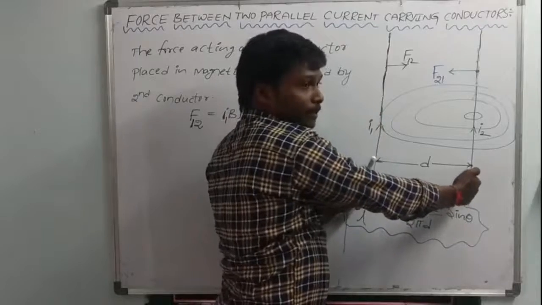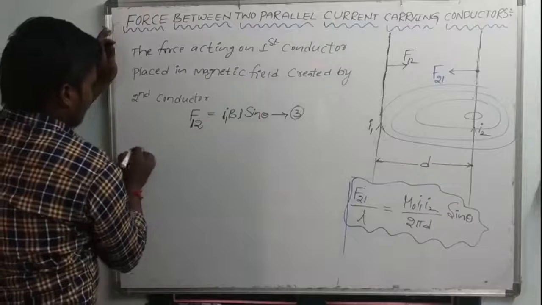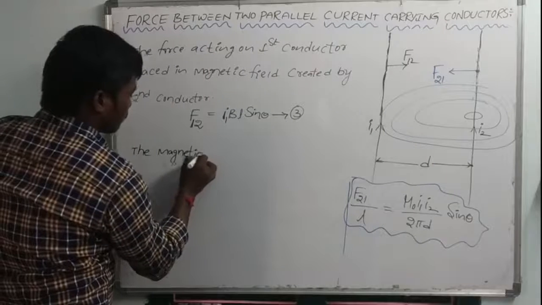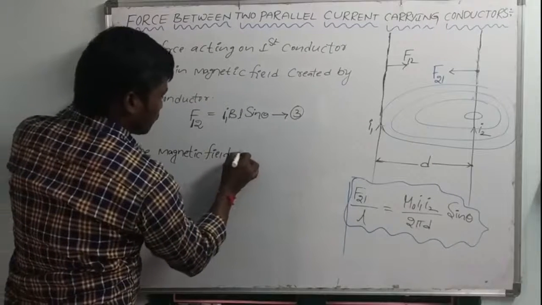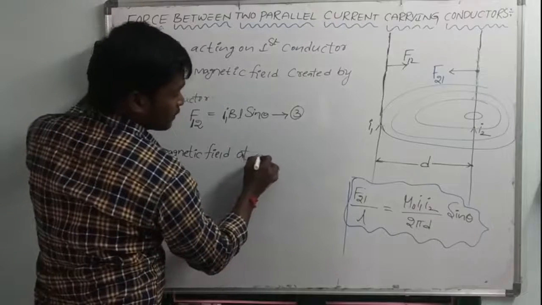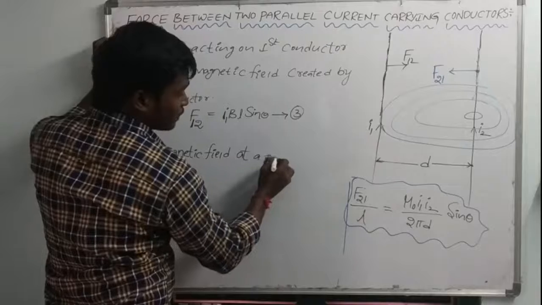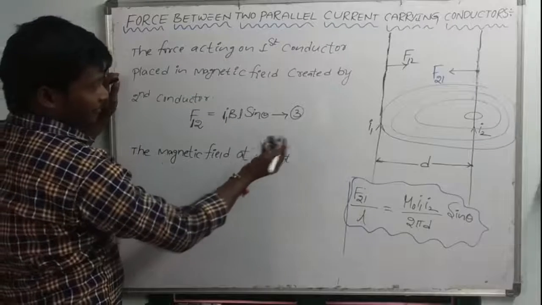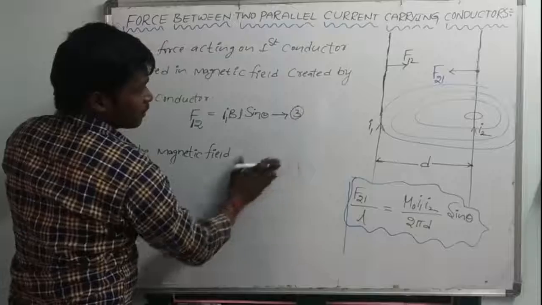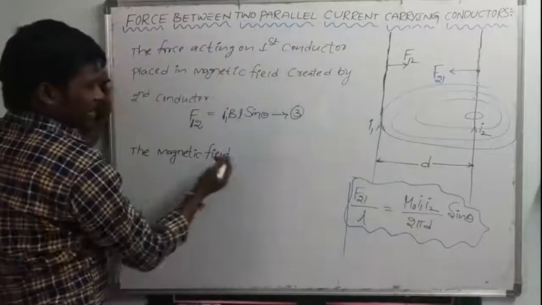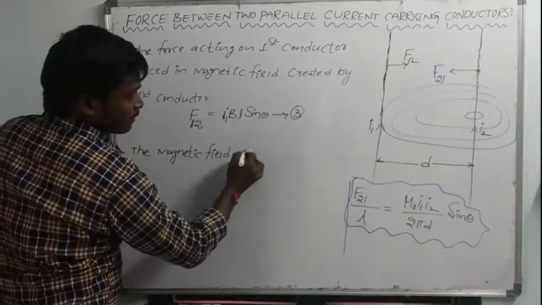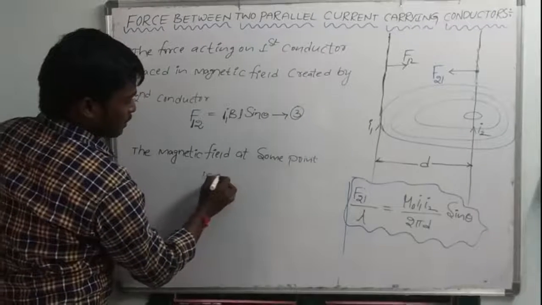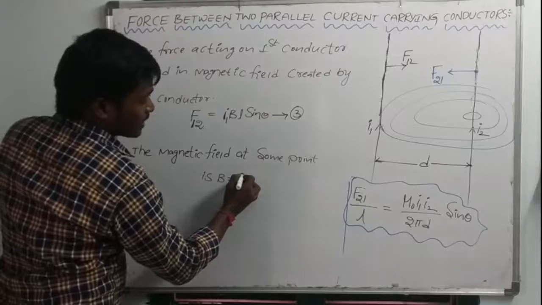The distance is d. You can write it like this: the magnetic field at some point is B equal to, what is the magnetic field expression?